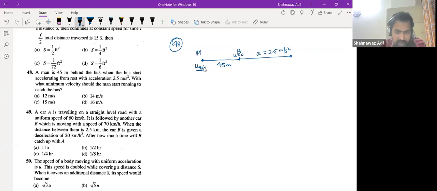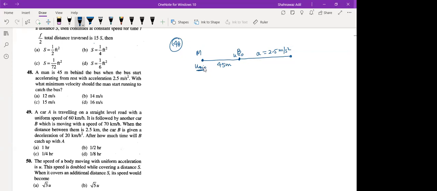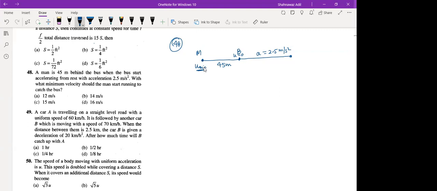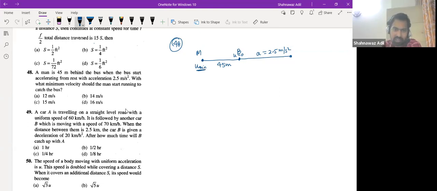So what should we calculate? If it is saying minimum velocity, right? So we have to calculate the critical points, right? Yes, sir. Okay. So first, yeah, you are saying that to catch the bus, we have to calculate the distance.